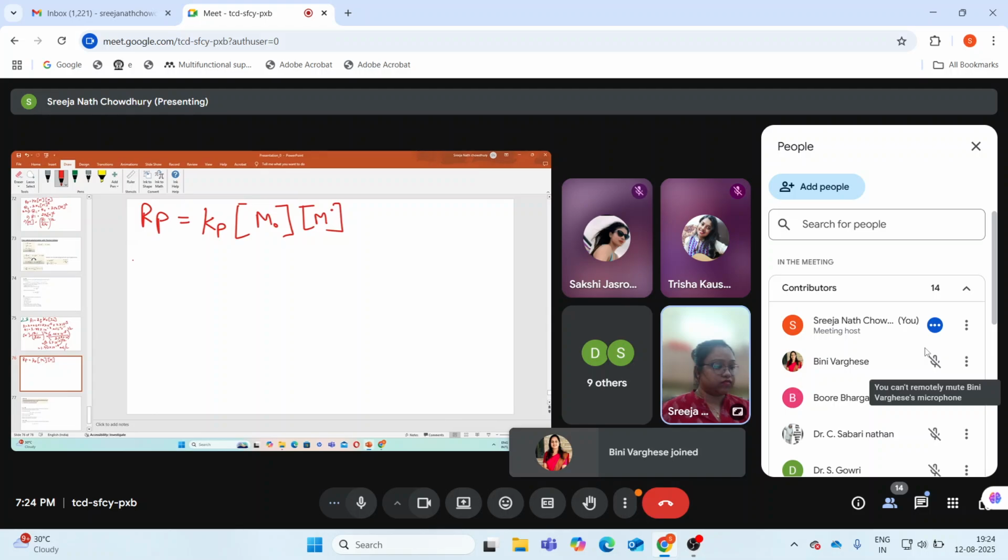Minus ln 1 minus p infinity 0.2 divided by minus ln 1 minus 0.1. Now these two terms will be cancelled out, and it will become I0 0.2 divided by I0 0.1, to the power half.